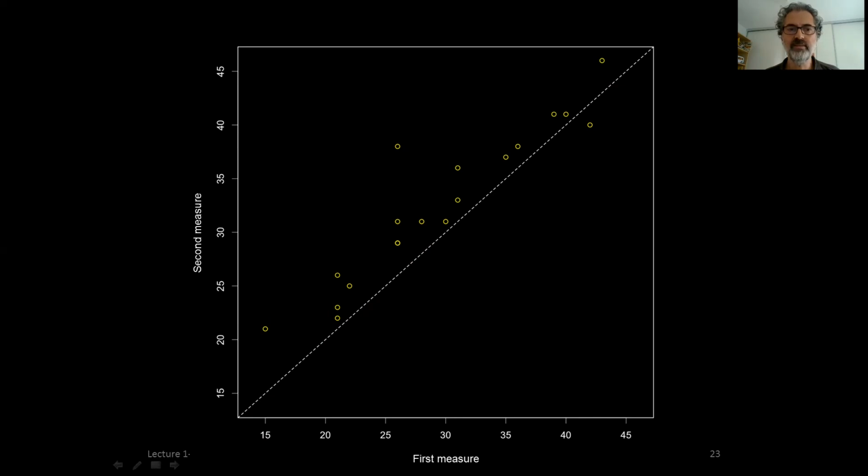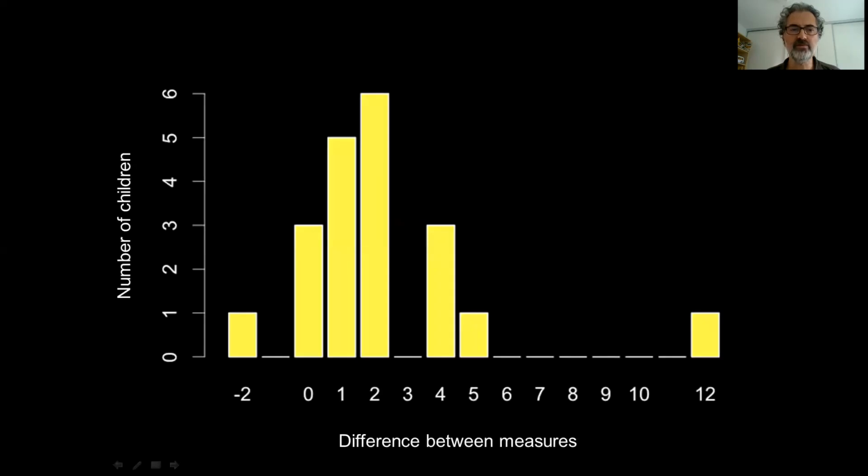As you see, there aren't any points on this line, but there's only one point below the line and all the other points are above the line, which demonstrates that everybody got a better score the second time, which is very common and expected because of the effect of retesting. So the second time, people are familiar with the test. So familiarity affects the score, and almost everybody gets a higher score.